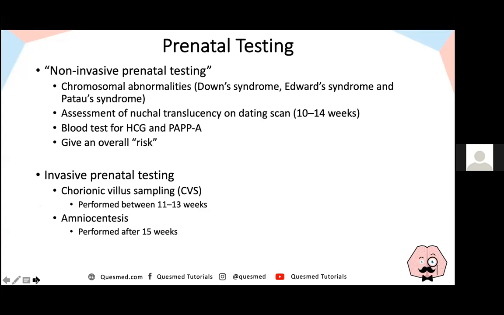for specific pregnancy markers. Some parents will opt for invasive prenatal testing, so that is via either chorionic villus sampling performed at 11 to 13 weeks or amniocentesis performed after 15 weeks. And that gives a more definitive diagnosis that will be able to tell them if their baby does definitely have a chromosomal abnormality or not.